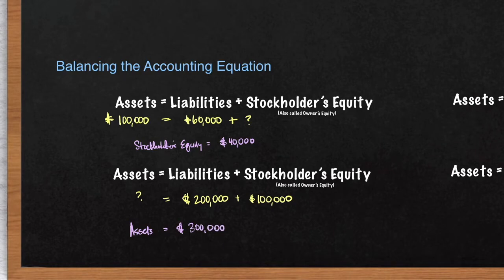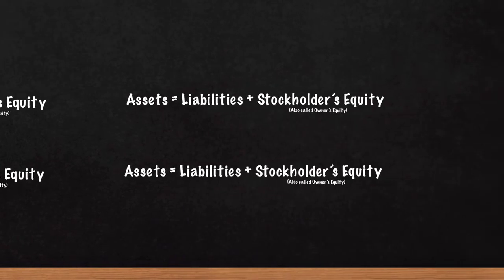I know, basic math, I got you. But let's do a couple more examples. Let's say stockholders' equity or owner's equity is 600,000, and assets, the things that you own, is $1 million.